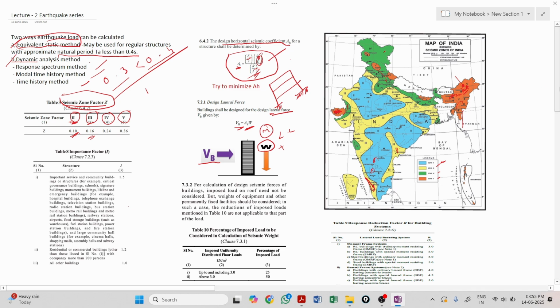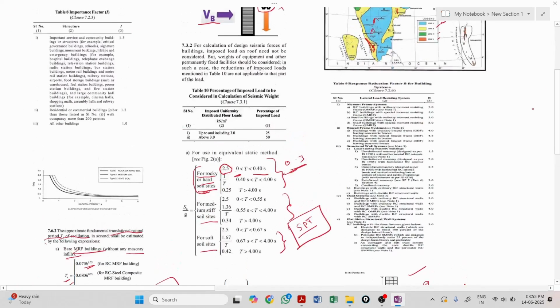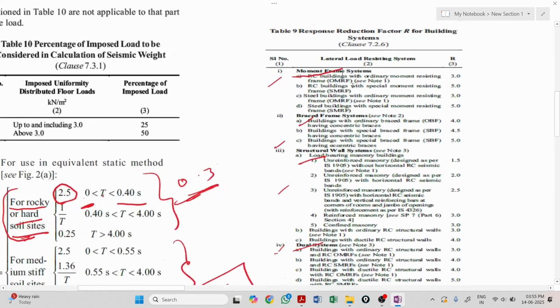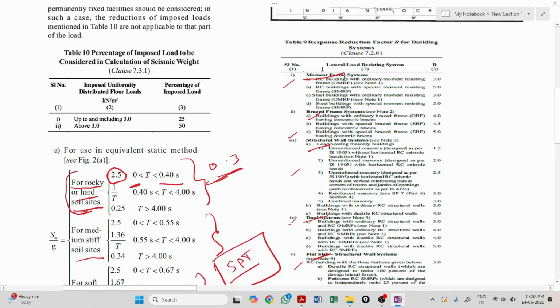Now let's go to this and understand it. There are four or five types in that. We will not go to this. Dual system is something different. Slab is something different. Structural wall system, we are not going with that. Bracing also, we are not going with. We are going with the moment frame system. Here you can see OMRF, SMRF.